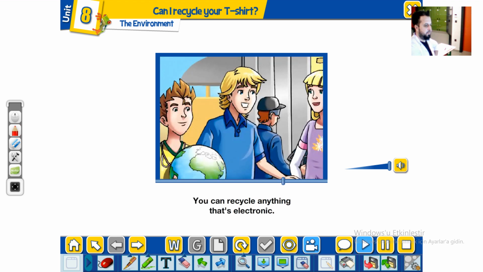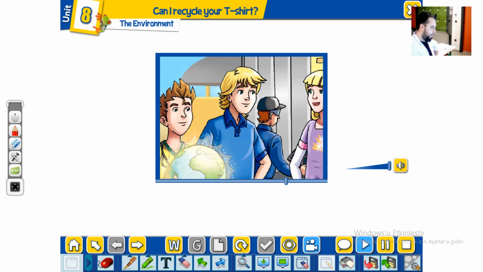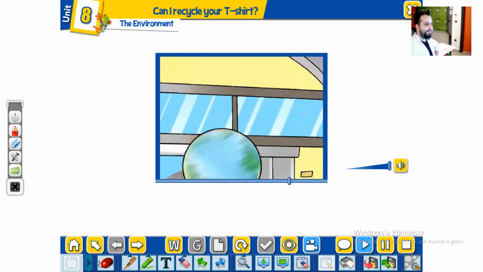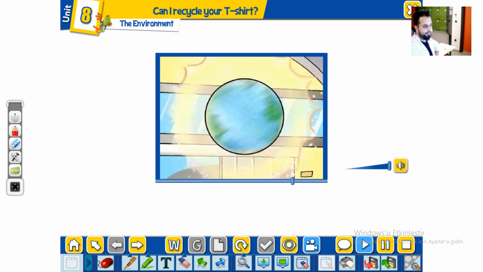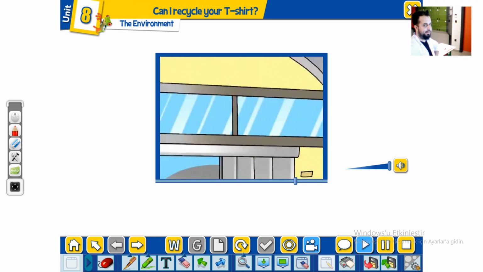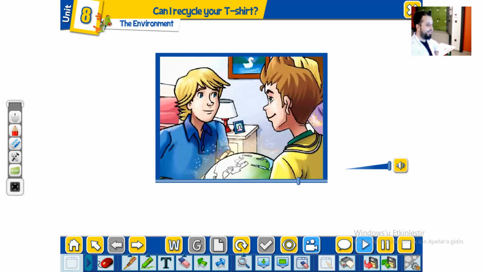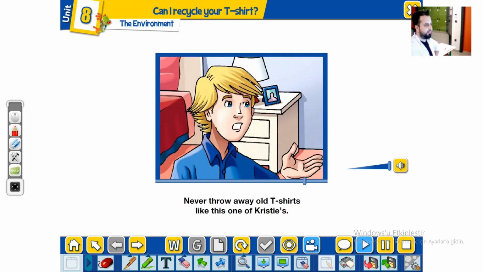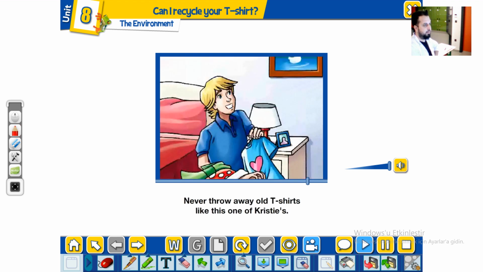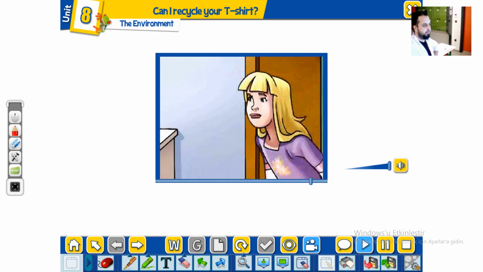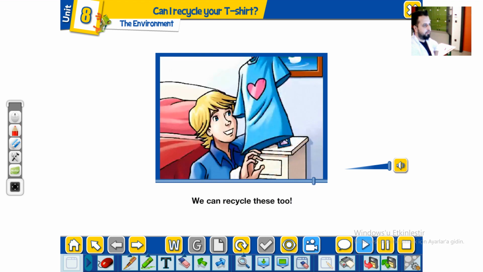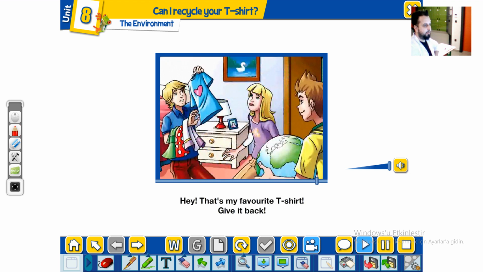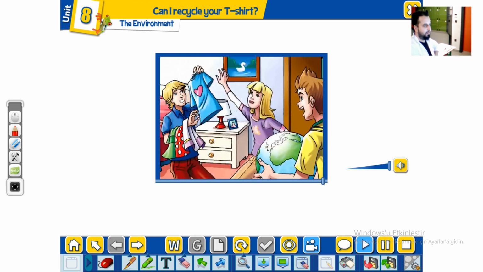You can recycle anything that's electronic. You can also recycle other things. Never throw away old t-shirts like this one of Christie's. We can recycle these too. Hey, that's my favourite t-shirt. Give it back.